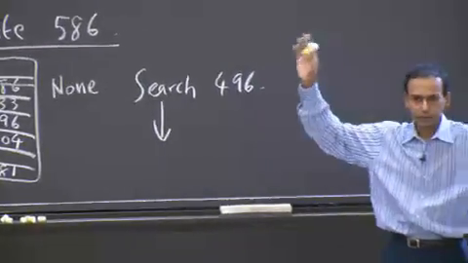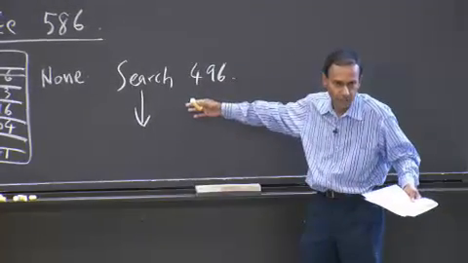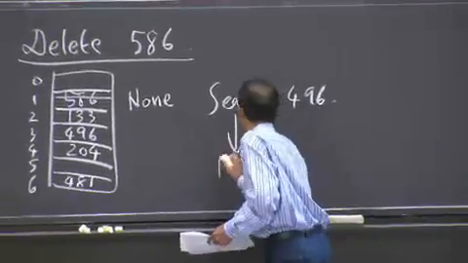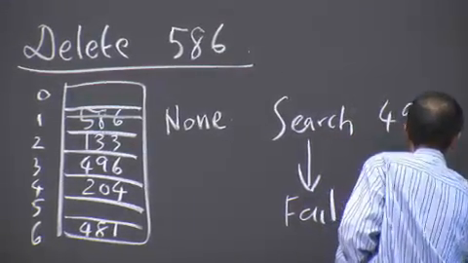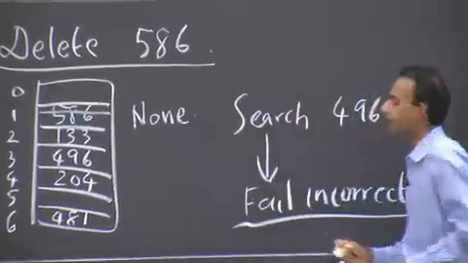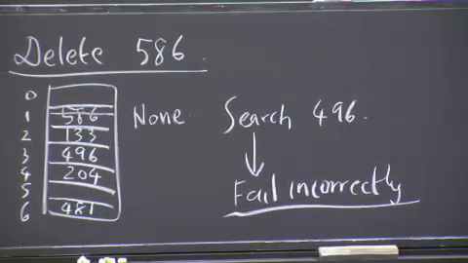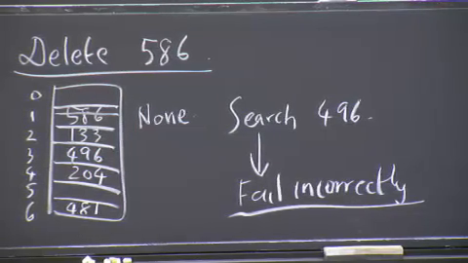That makes sense? So this is obviously wrong, because I just inserted 496 into the table. So this would fail incorrectly. Failure is okay if the key isn't there, but you don't want to fail incorrectly, right? Everyone buy that?